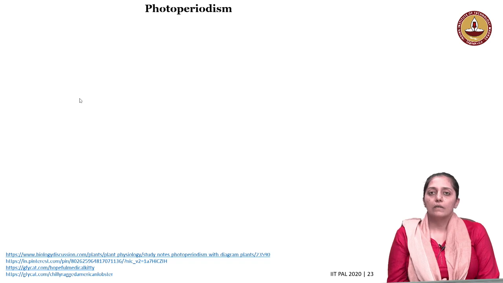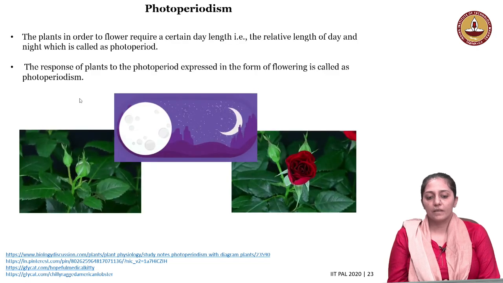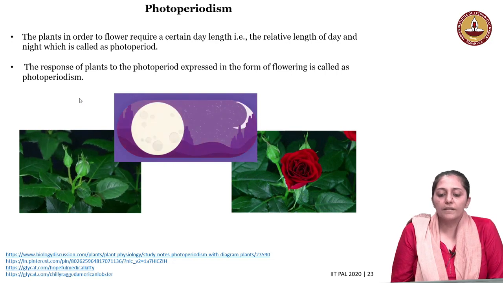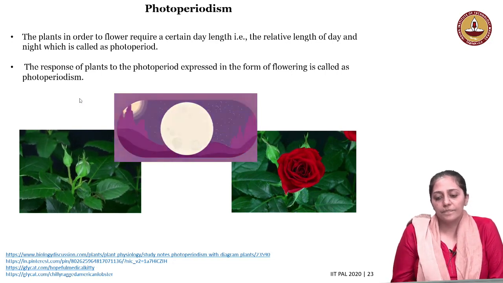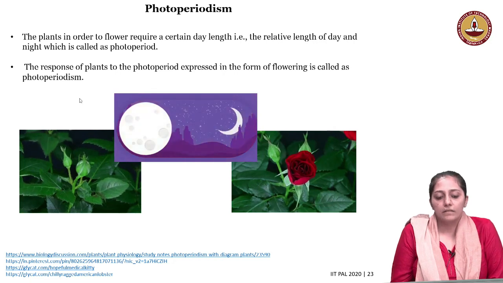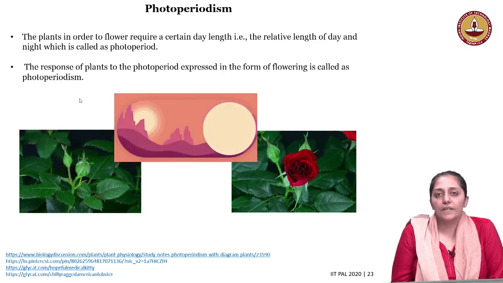Now, let us talk about a phenomenon called photoperiodism in plants. In order to flower, plants require a certain day length, that is, the relative length of day and night, which is called the photoperiod.